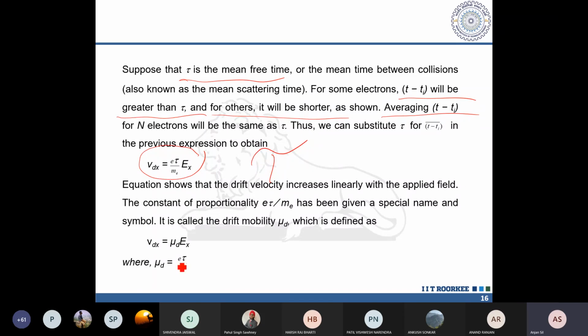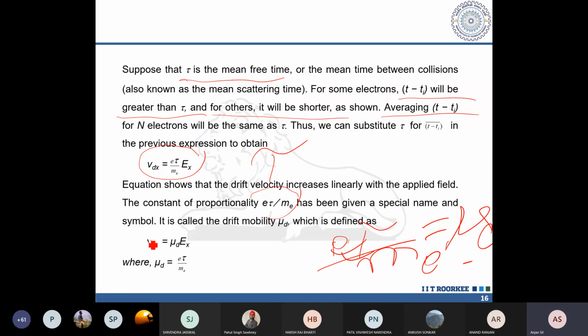So you have vdx equal to this. This is the constant of proportionality, e tau by m, where m is the electron mass, and you express it as mu d. This is nothing but the drift mobility.